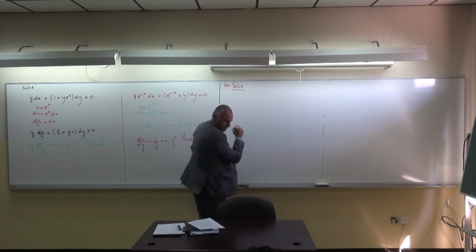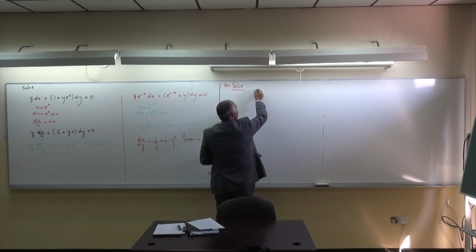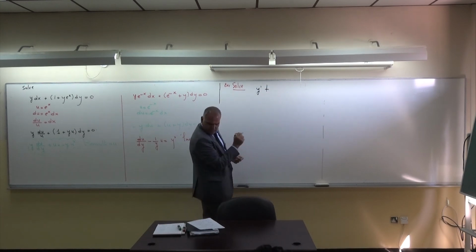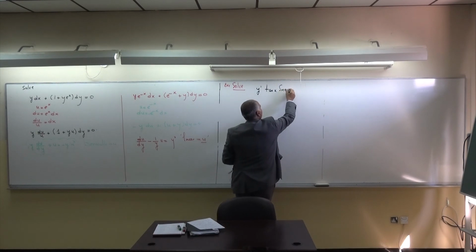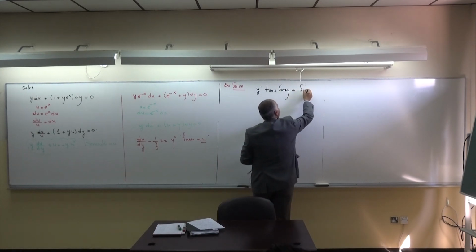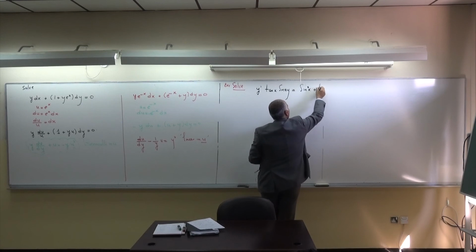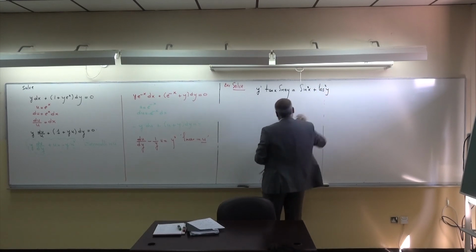Solve: y prime tan x sine 2y equals sine square x plus cosine square y.